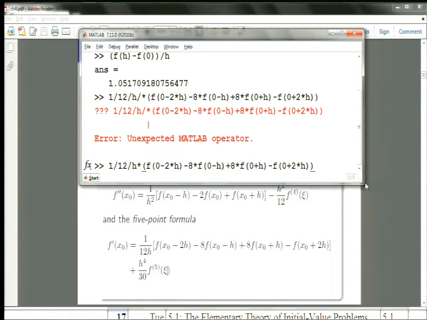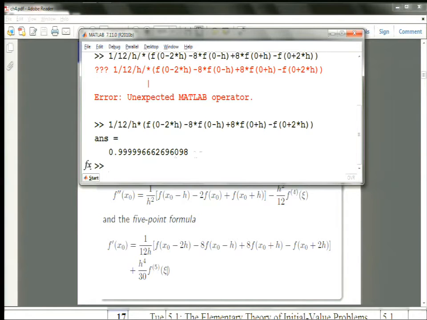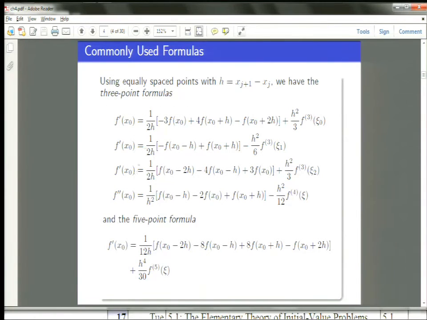Times. All right, let's try that. So you see, of course, for error, we want to do this, right? Now the error is a 3 in a million, right? It's pretty accurate. It's kind of insanely accurate. And sometimes it's not needed, but these higher order formulas can be useful many times, especially when solving differential equations. All right, another extension.